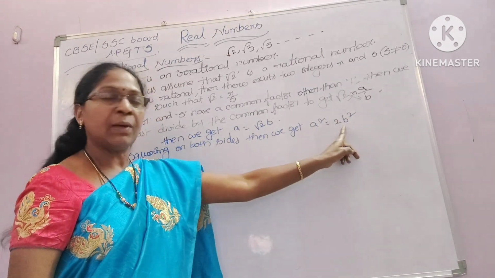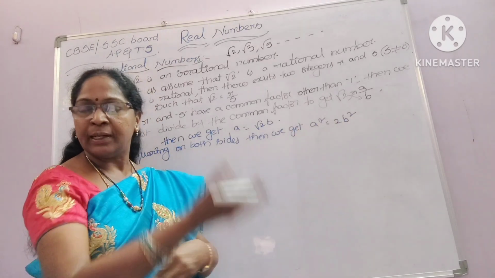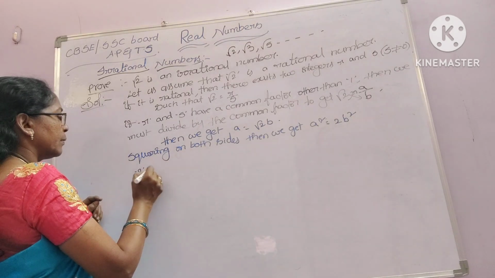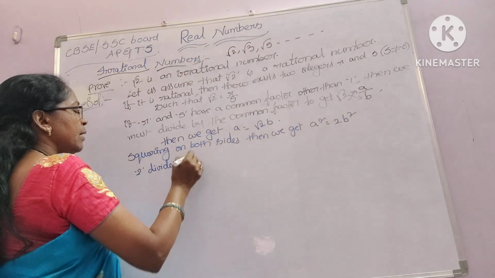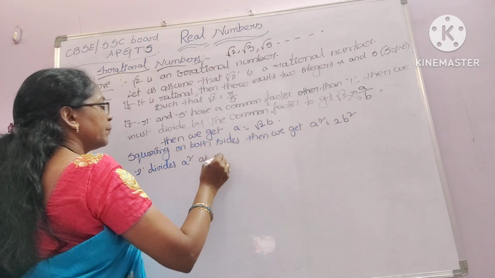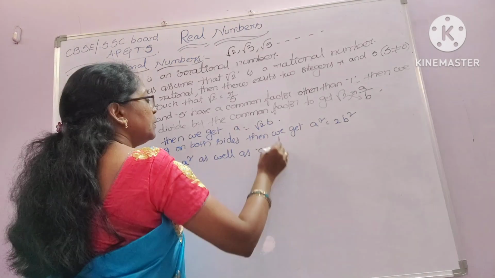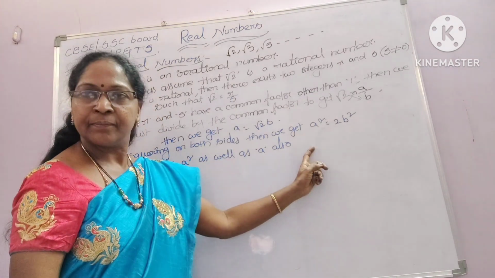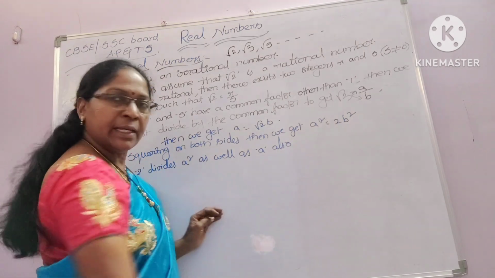Whenever 2 is in the multiplication here, then it automatically divides. Then 2 divides a square as well as a also. This is according to the arithmetic theorem 1.6. So 2 divides a square as well as a also.